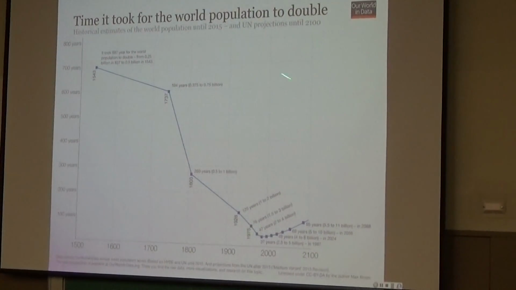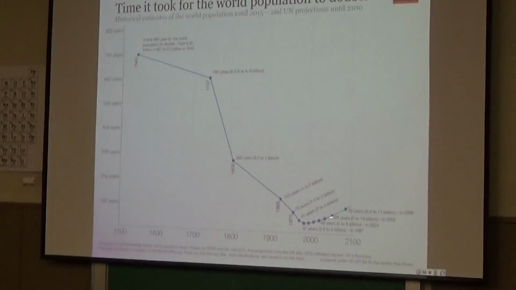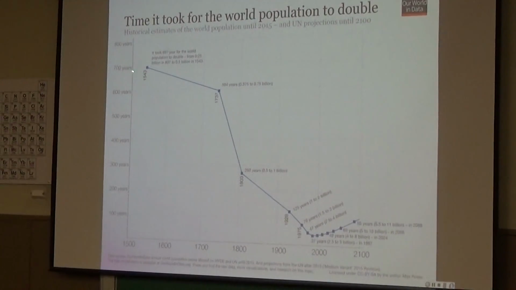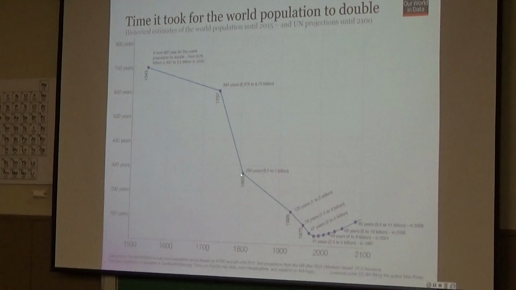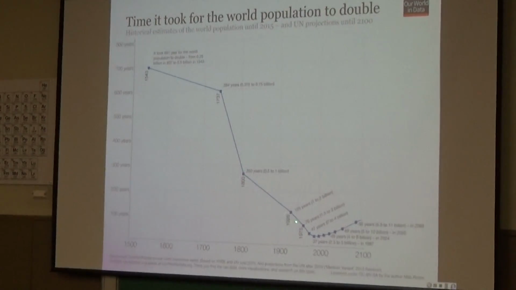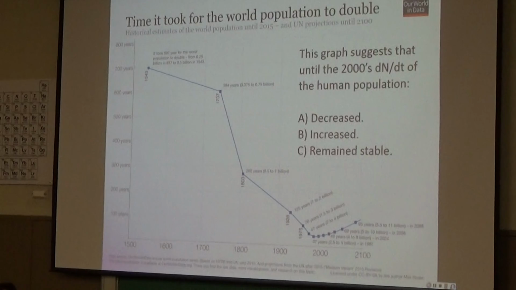This data is for the human population, and you can see that there is some projection here of change, but at least until the 2000s, this is observed time that it takes for the population to double. You can see that over time, it takes less and less time for the human population to double in size. So you can see these projections of human population growth, or any other population, represented in terms of T-double.